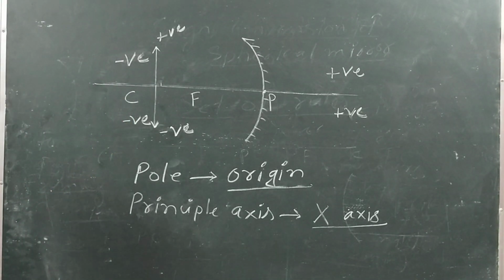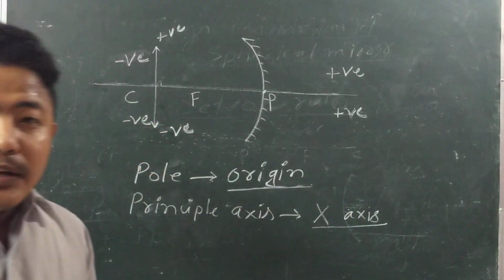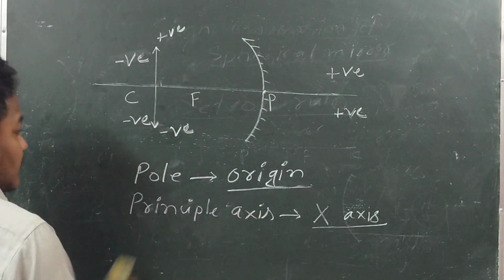Now we'll try to find out whether the image and the object will be positive or negative.